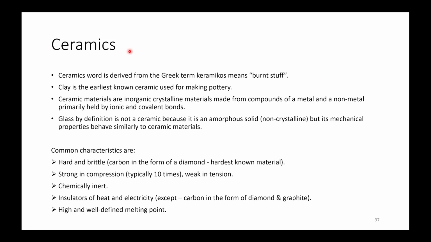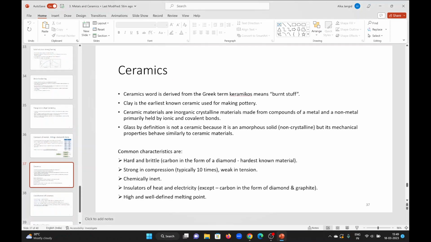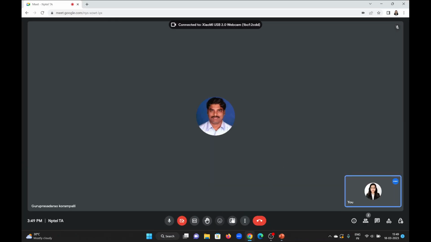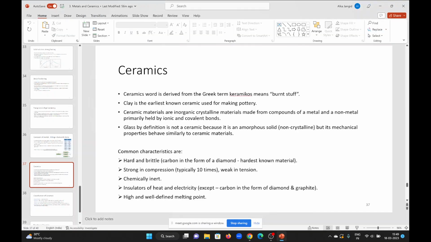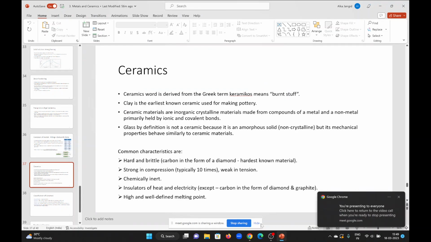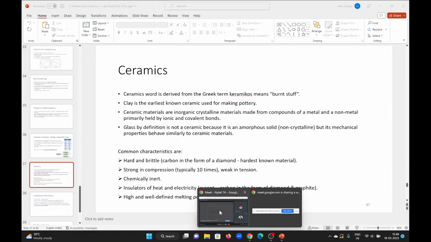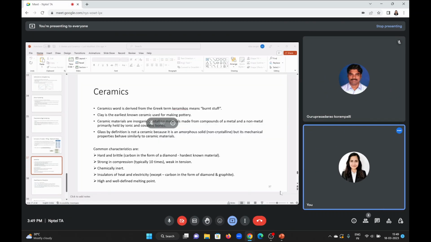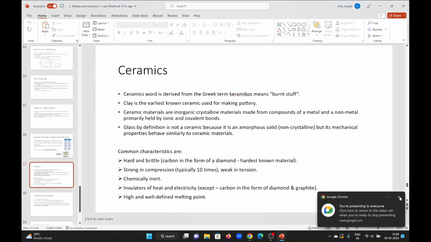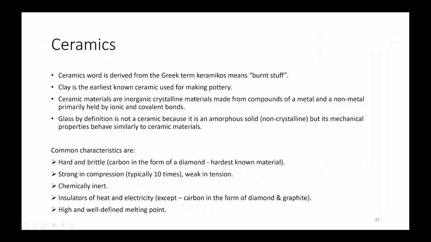Now, for ceramics, the word is derived from the Greek term keramikos, which means burnt stuff.